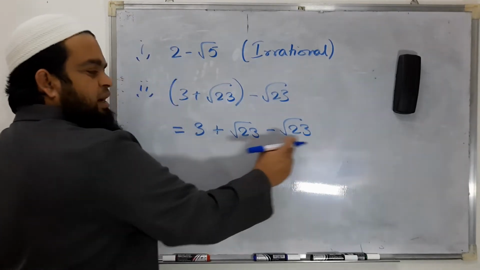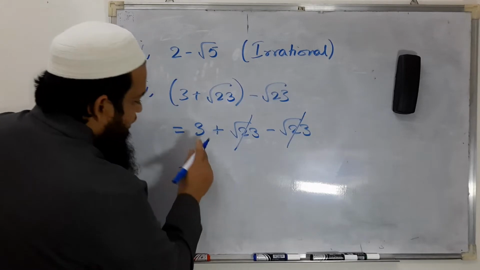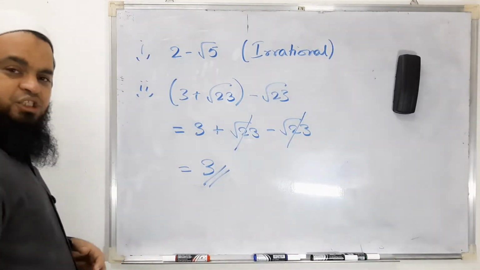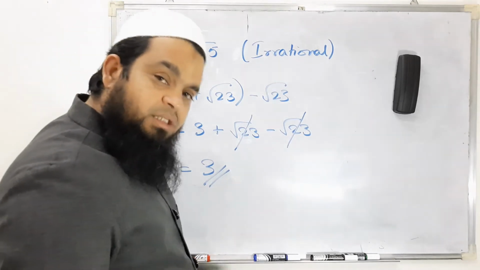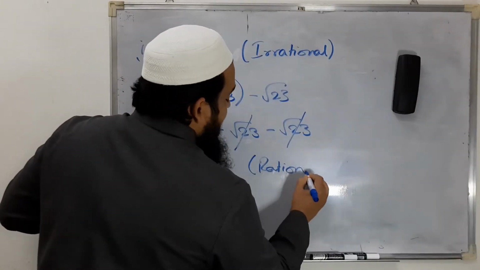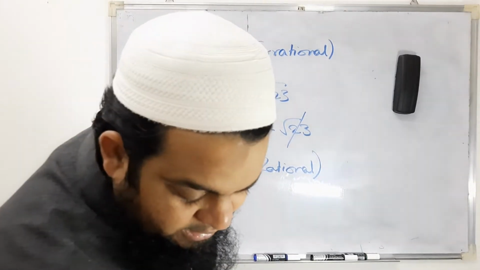So plus root 23 minus root 23 gets cancelled. That means 0. So 3 plus 0 is 3. What is the answer? Is it rational or irrational? Yes, it is a rational number. So the first one is irrational and the second one is rational.